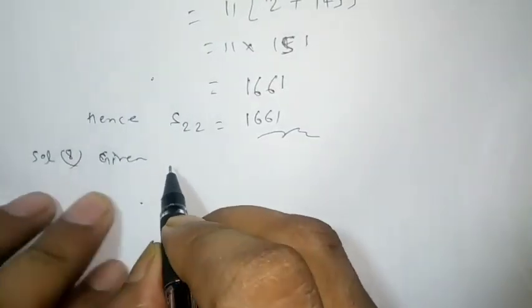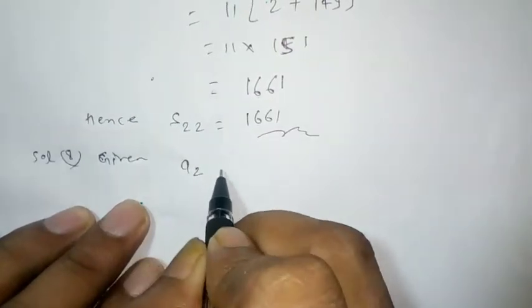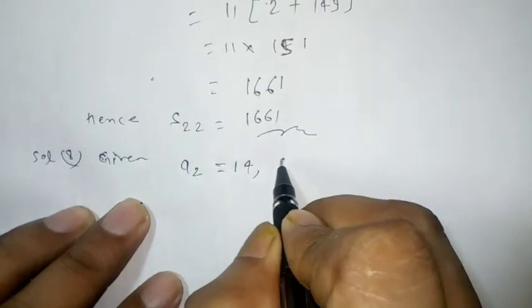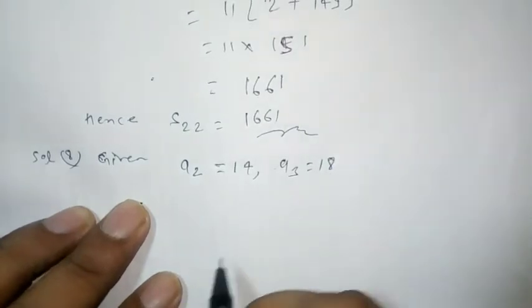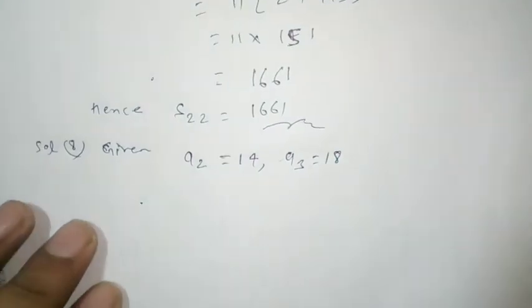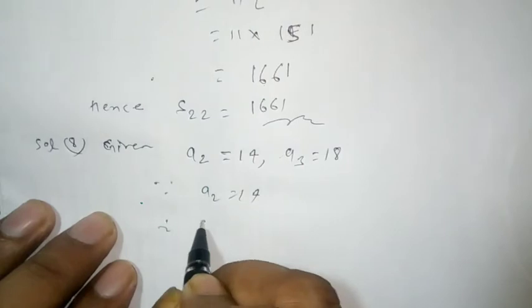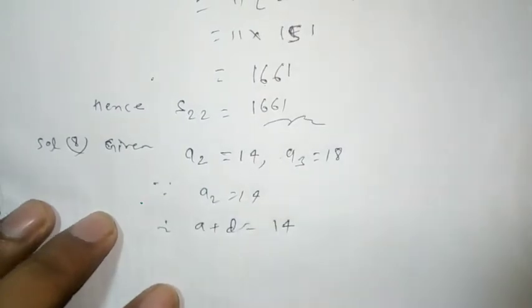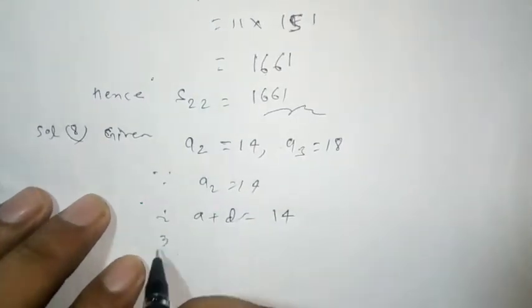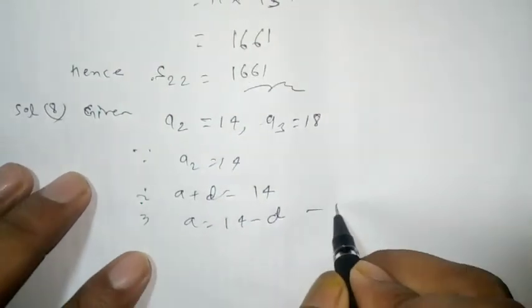Given A2 is equal to 14, A3 is equal to 18. Now, because A2 is equal to 14, therefore A plus D is equal to 14. Implies A is equal to 14 minus D. Equation 1.